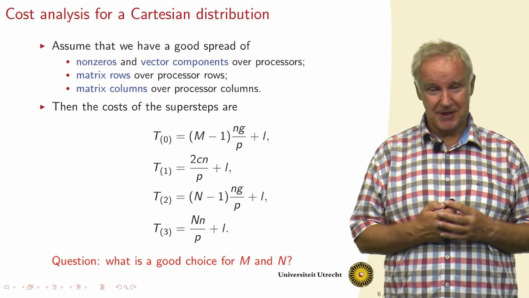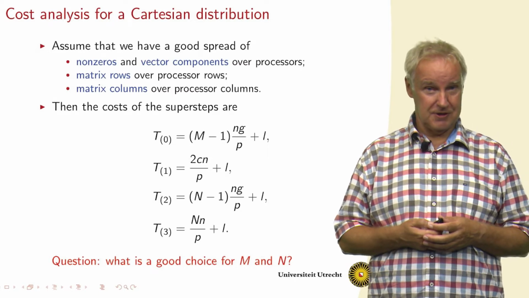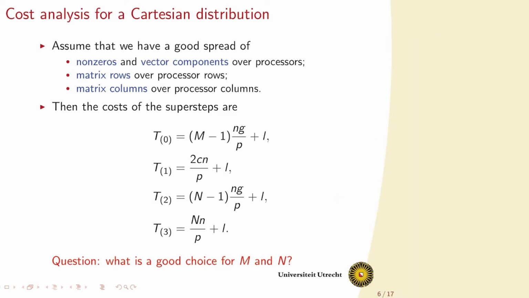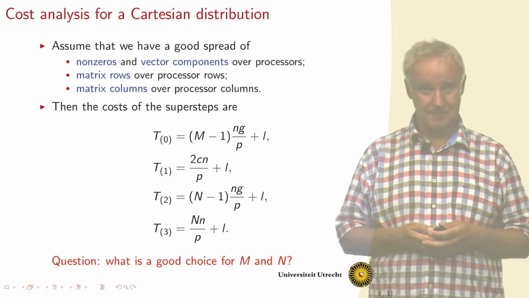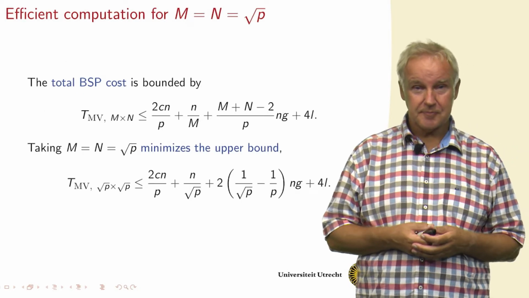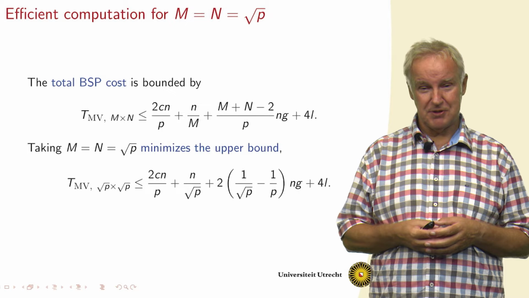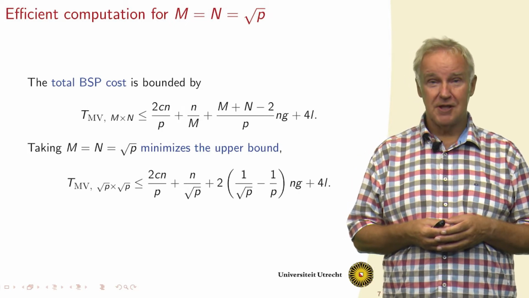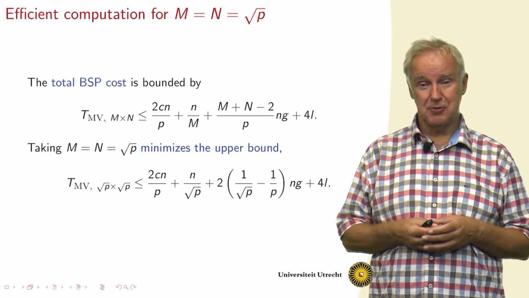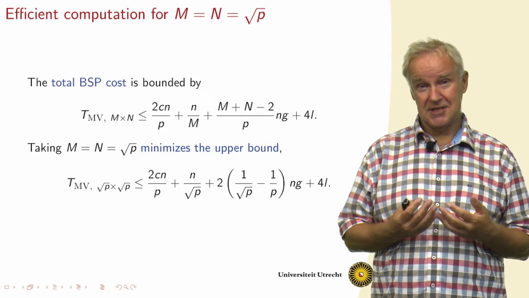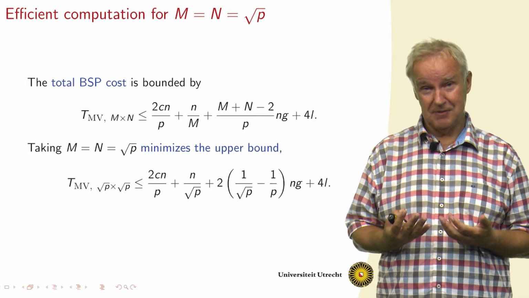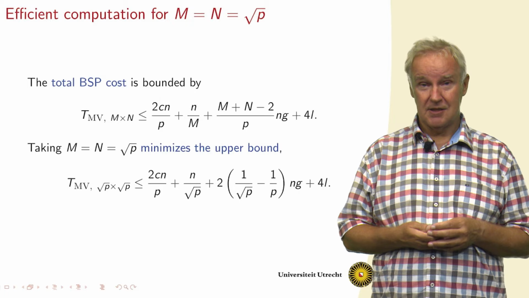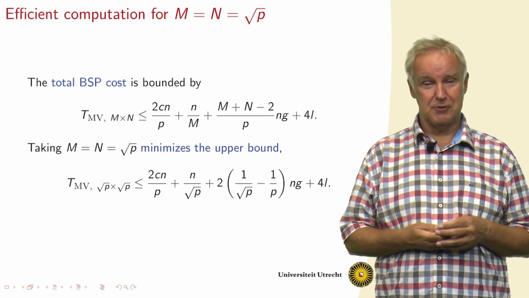Now my question to you is, what would be a good choice of m and n? Well, the answer: if we add up all the supersteps, you see that the communication of superstep 0 and 2 gives a term m plus n minus 2 divided by p. And since m times n equals p, the number of processors, this is minimal if we choose m and n to be equal and equal to square root of p.